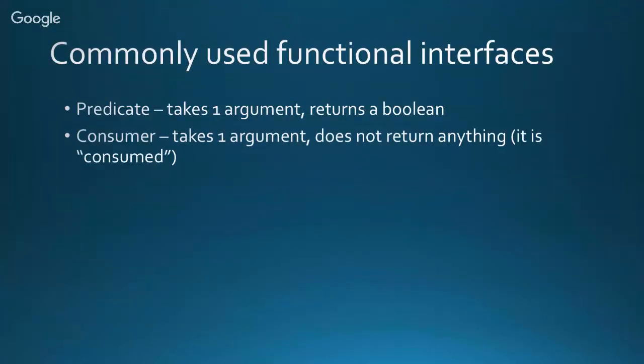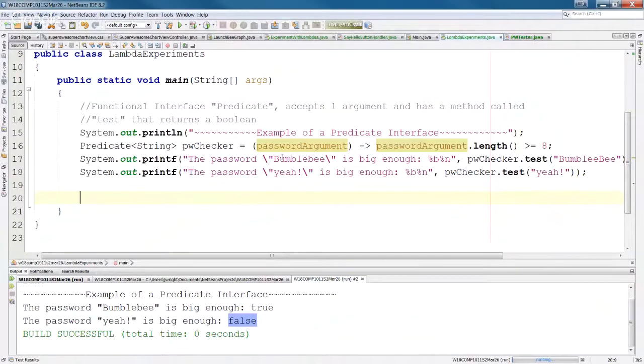Another type of functional interface is called the consumer. This one takes in an argument, but does not return anything. You know, I put in here it's consumed. So let's take a look at a classic example here.